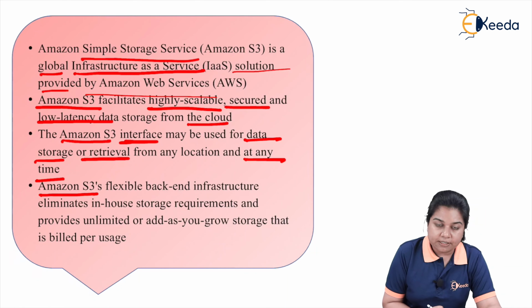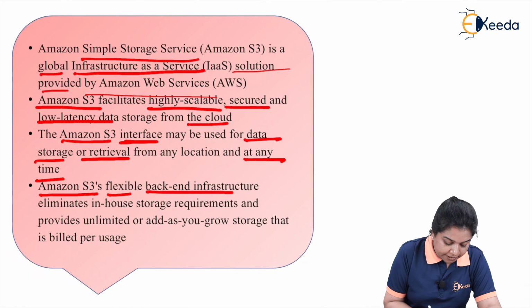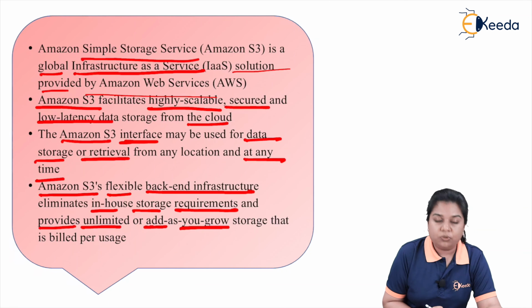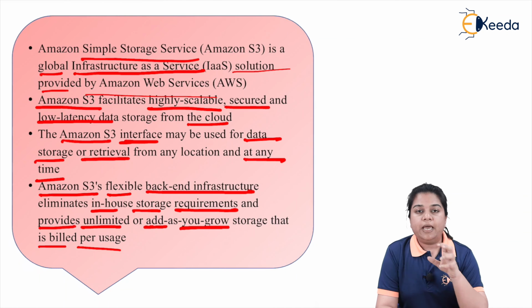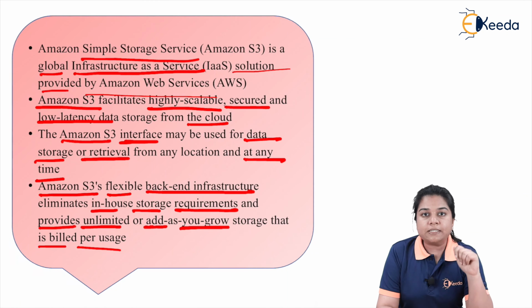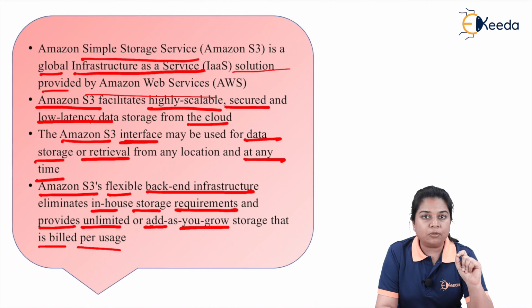Amazon S3's flexible backend infrastructure eliminates in-house storage requirements and provides unlimited, add-as-you-grow storage that is built per usage. As we all know, there is scalability in any of the cloud computing services. It is one of its quality of service parameters.